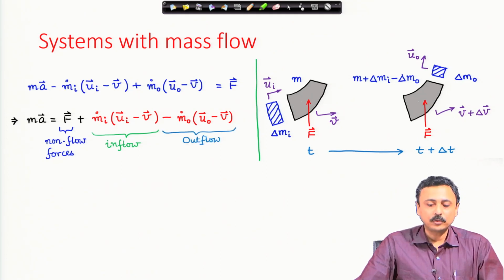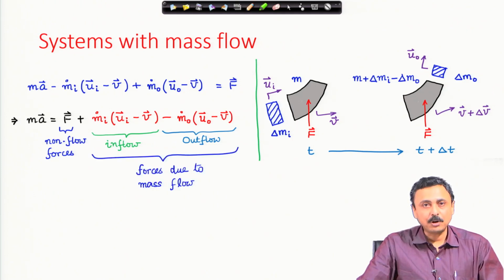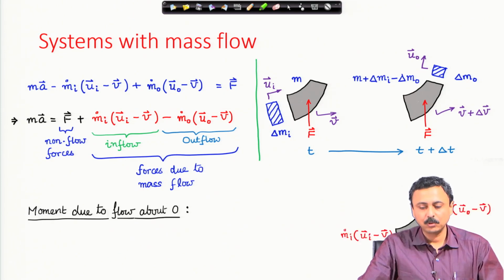The second term with that negative sign is the force acting on the system because of outflow. Therefore, these two terms are to be interpreted as force because of inflow and force because of outflow, and the sum total of these two is the net force because of mass flow.